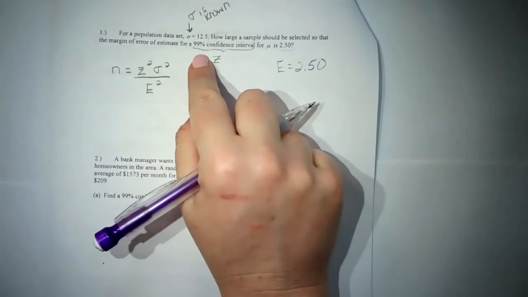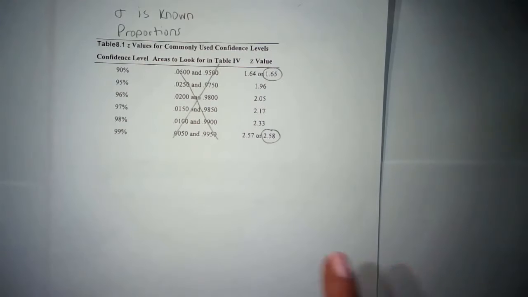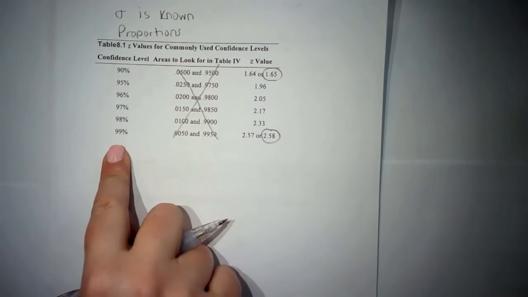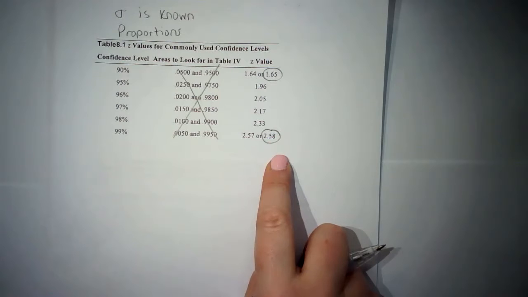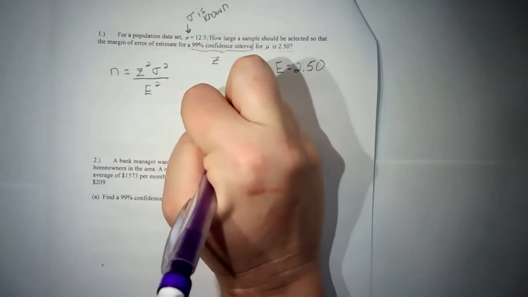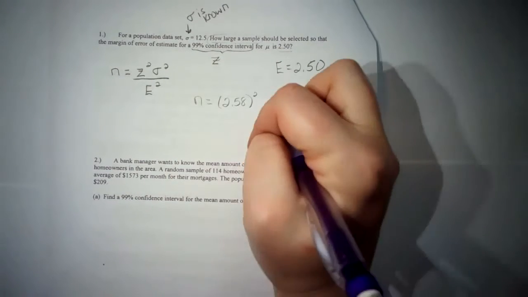So 99% confidence interval, that's going to take me here. For 99%, what's my Z going to be? 2.58. We're just pulling it right off of our little chart. Okay. Now notice everybody is squared on here, so make sure you square everybody.